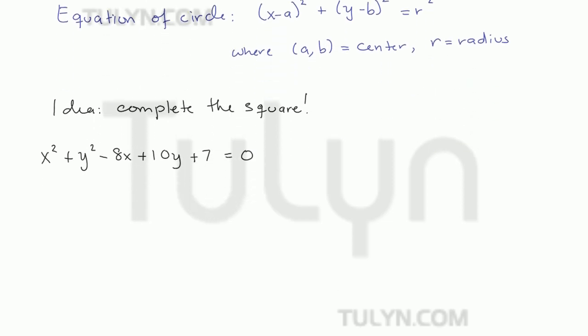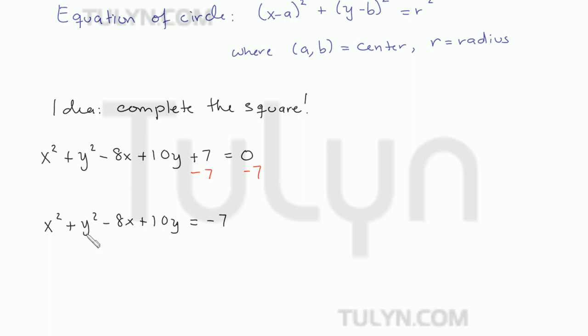Since we always complete the square with the first two terms in a quadratic equation, the constant term isn't really that important, so I want to move it over to the right side of the equal sign by subtracting both sides by 7. So we got x squared plus y squared minus 8x plus 10y is equal to negative 7.